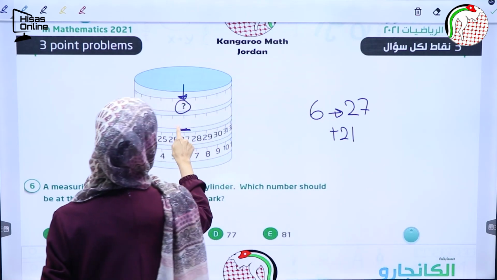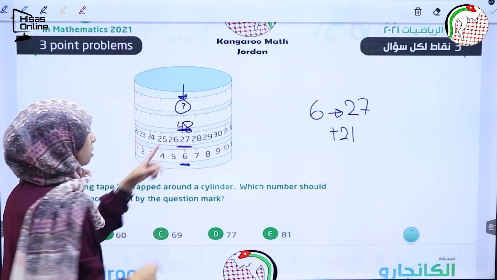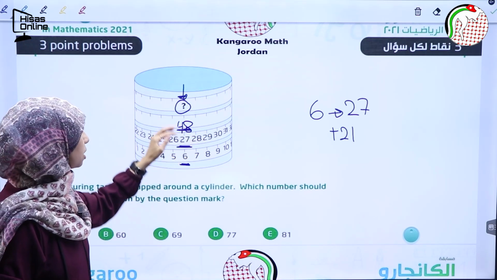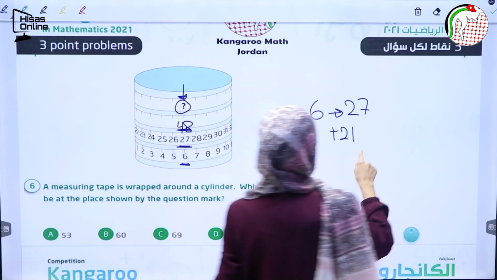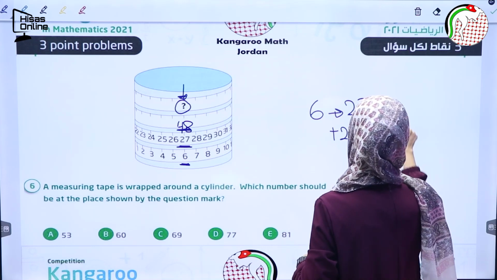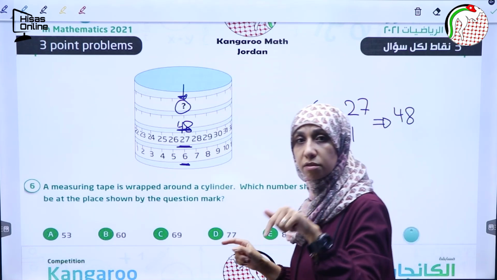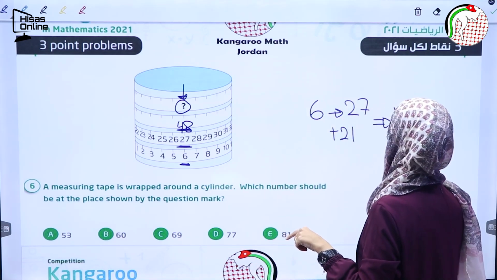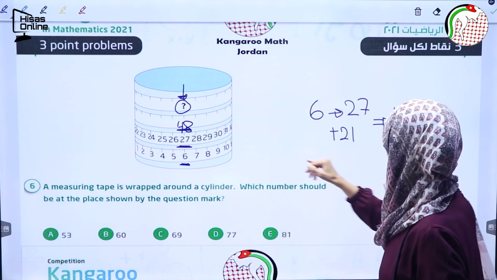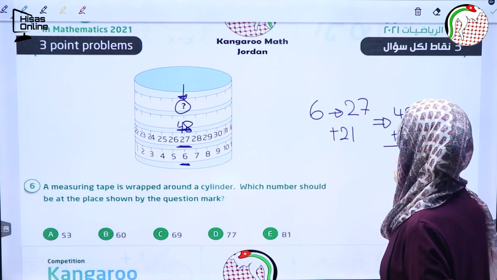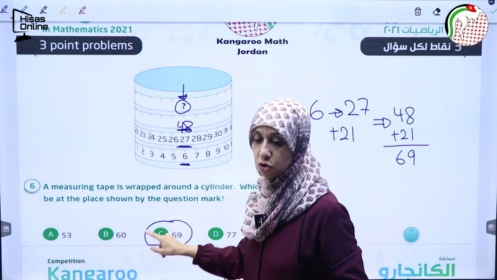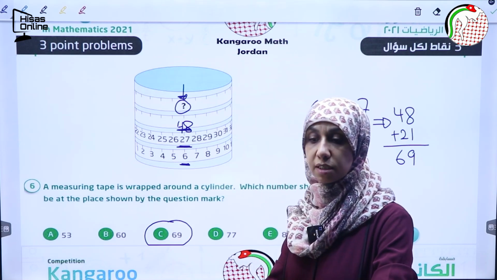That gives you 48, which is the expected number on the third round. Now, after 48, I have to add 21 more. So adding 21 more here, you will have 69. So C is your answer, 69.